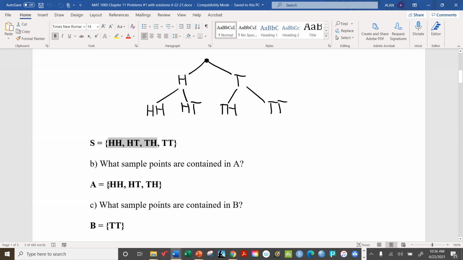So the set A contains the elements HH, HT, and TH. And also, we call this an event. It formally is known as an event because it is a subset of the entire sample space. Okay, so this is what we mean by an event. It is itself a set, which is completely contained within the sample space.